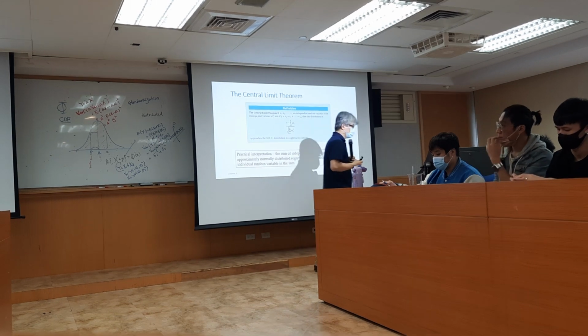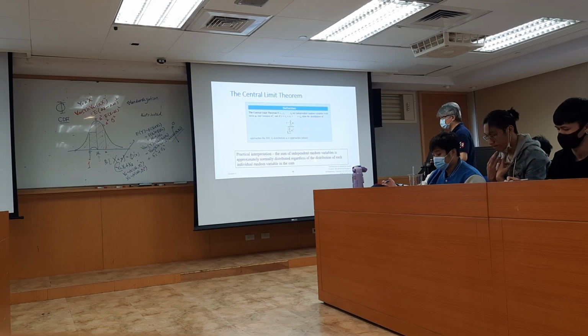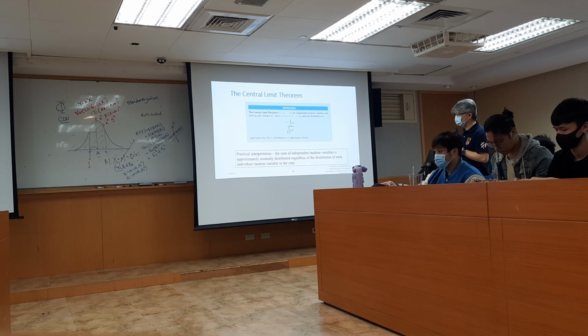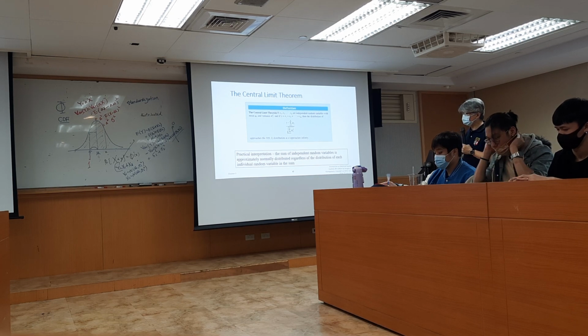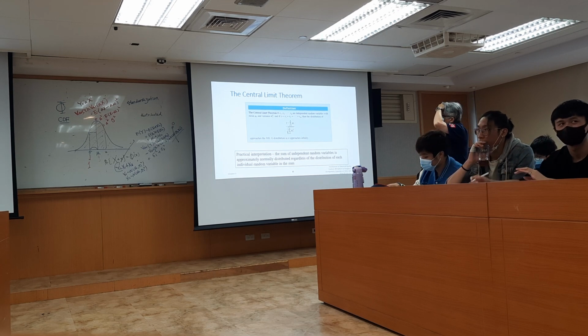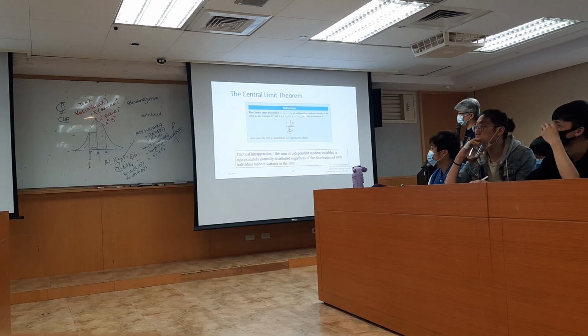So the practical interpretation: the sum of independent random variables is approximately normally distributed. It won't matter, regardless of the distribution of each individual random variable in the sum, as long as they are independent.